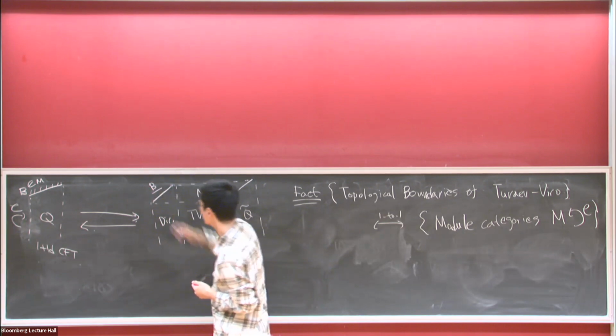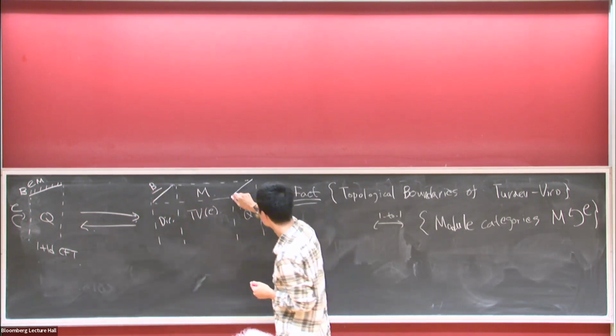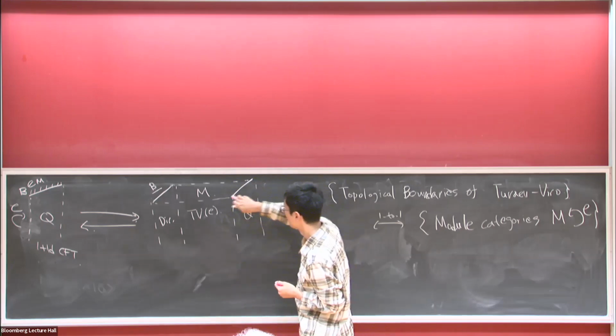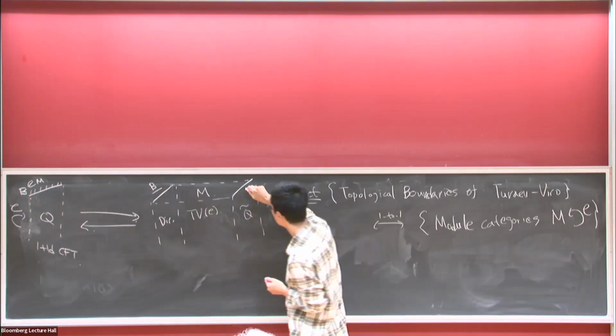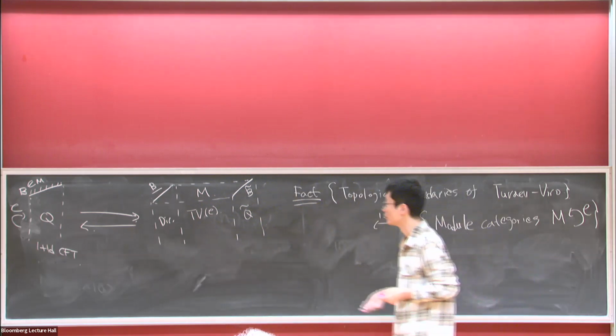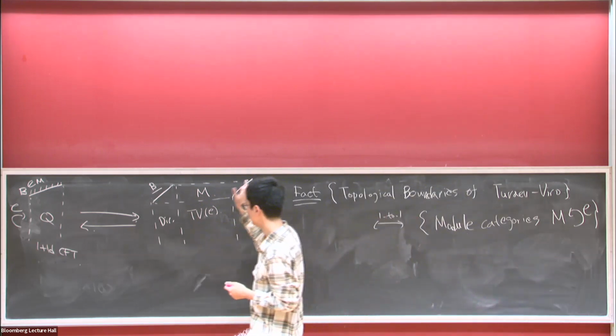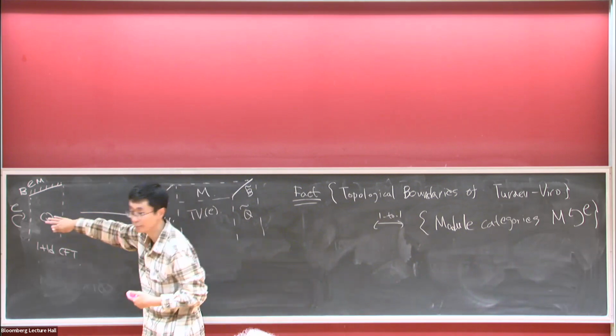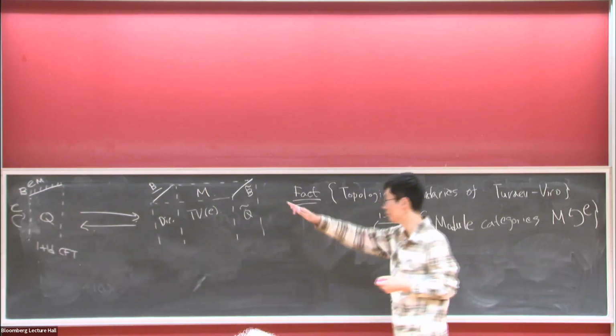On this side we have an interface between M and Q tilde, so I call it B tilde. The claim is that if you start from this picture and dimensionally reduce, then you will be able to go back to the 1+1D picture.